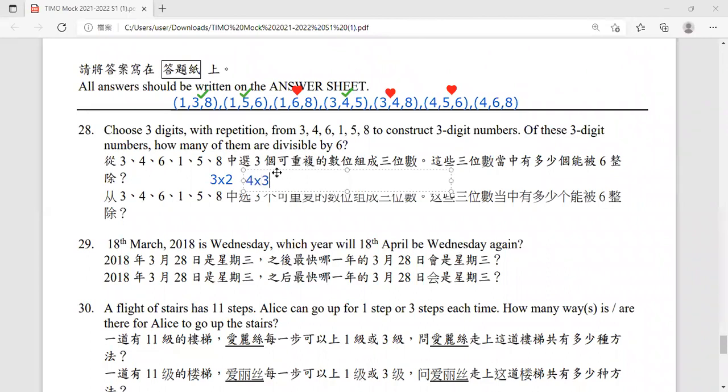And for this one, they have 6 combos here. So the total answer will be this one. It's 24.